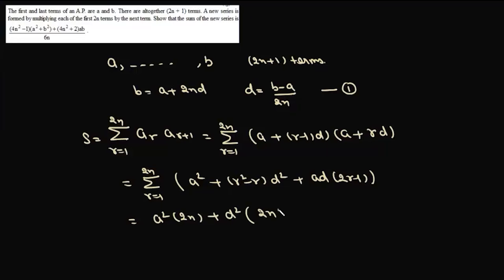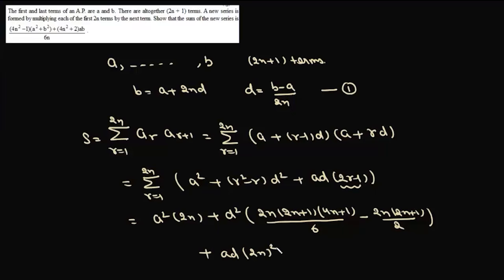Summation r square is 2n into (2n plus 1) into (4n plus 1) whole divided by 6, and then minus summation r, which is 2n into (2n plus 1) by 2, and plus ad, and summation of (2r minus 1) is the sum of odd numbers from 1 to 2n, which is simply (2n) square.